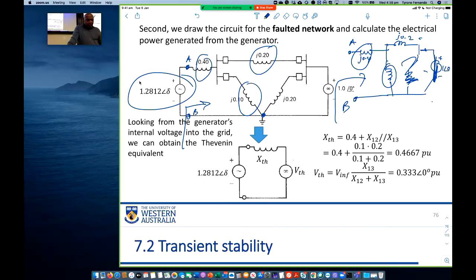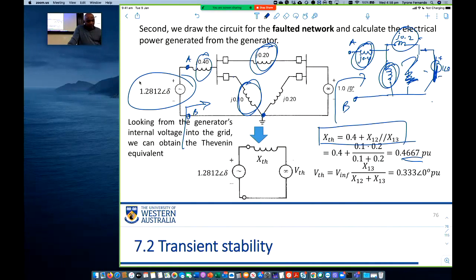So that's the Thevenin impedance: this in parallel with this, in series with that. So we can find the Thevenin impedance to be that.